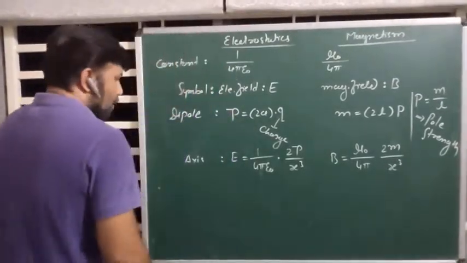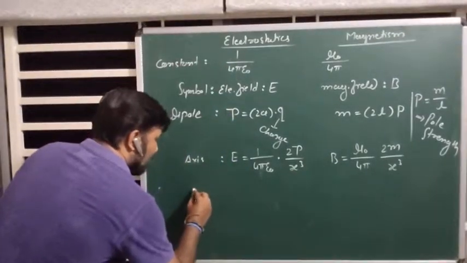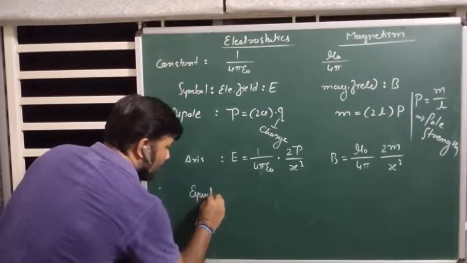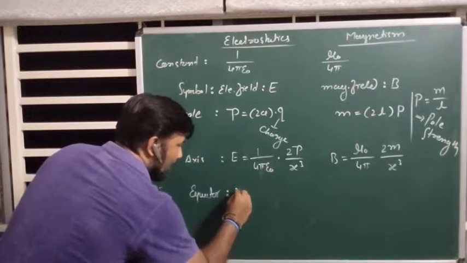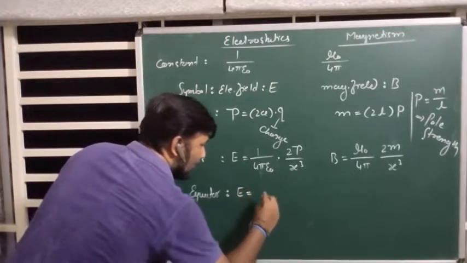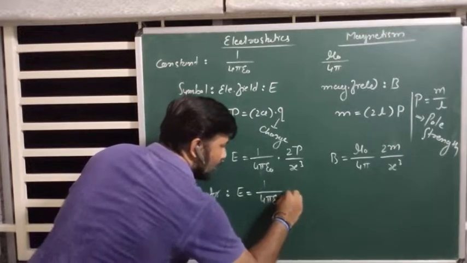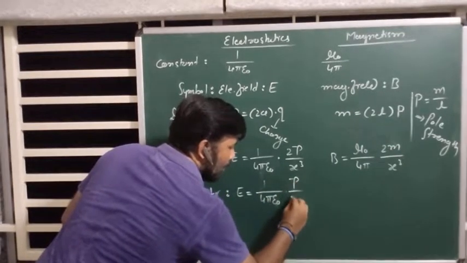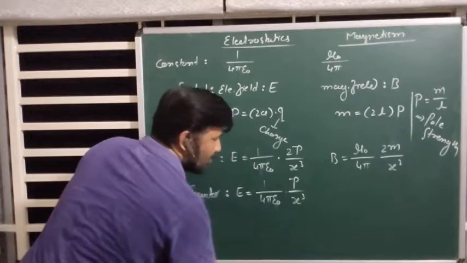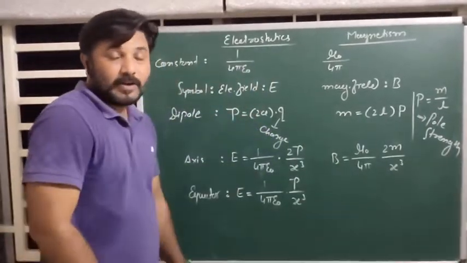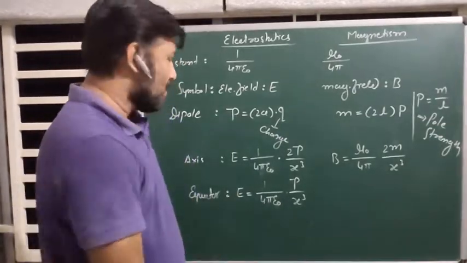Okay? In the same way, let us see the equator. For the equator, E is equal to 1 upon 4 pi epsilon 0 multiplied by p upon x cube. Now here, which equation will come? Let us see.